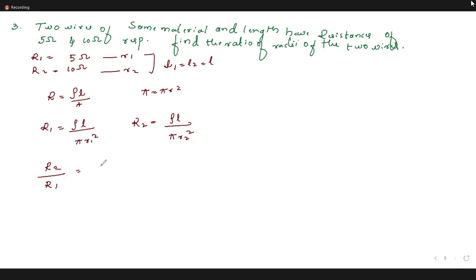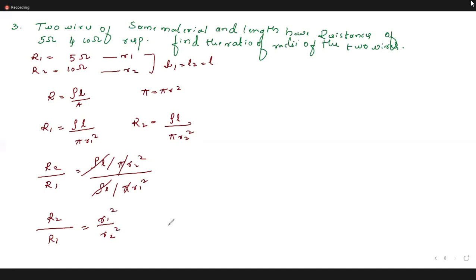So rho L divided by pi r2 whole square, divided by rho L divided by pi r1 whole square. I may cancel rho, L and pi. Then R2 by R1 is equal to r1 whole square divided by r2 whole square.